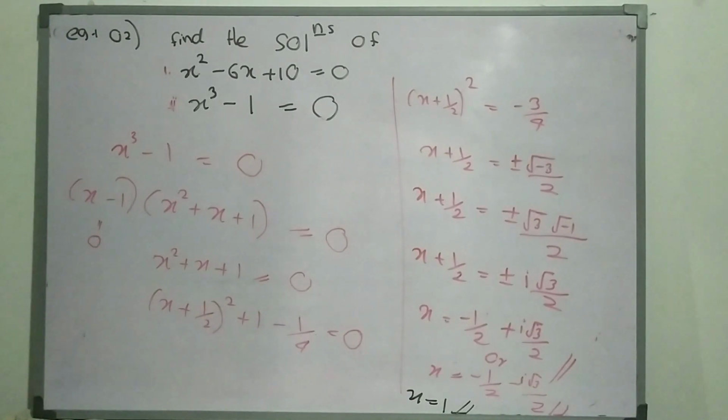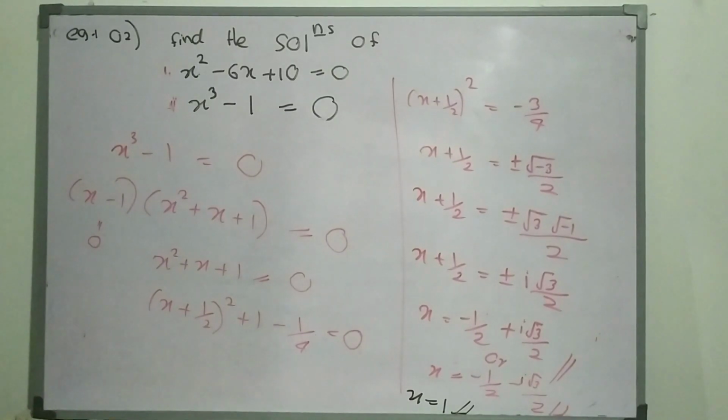And the other important thing is, if we have a fifth order polynomial equation, there should be 5 roots. Then those 5 roots can be all real, or one real and the other 4 complex, or 3 real and the other 2 complex.